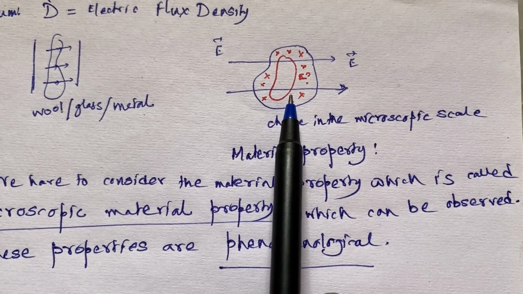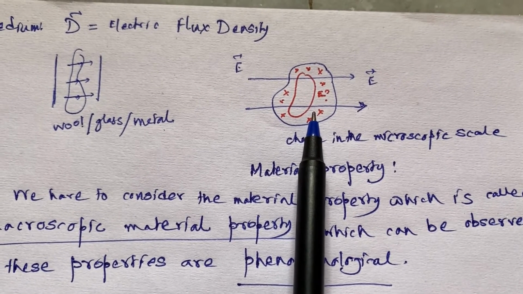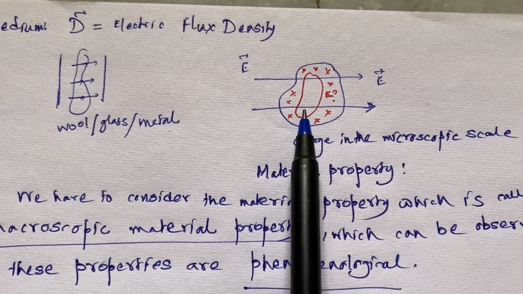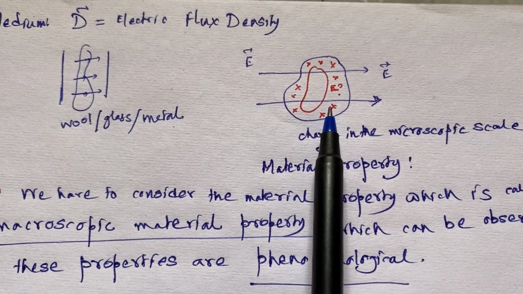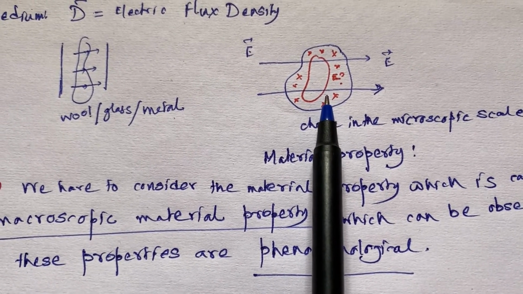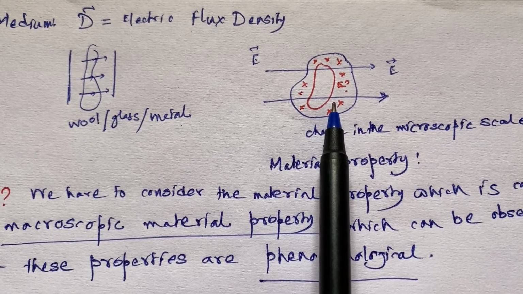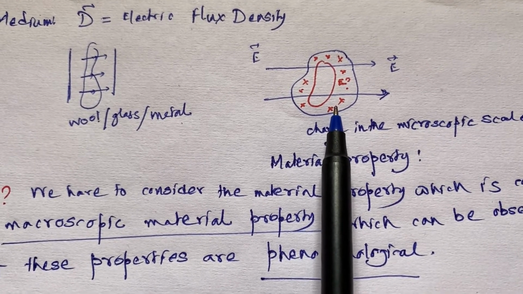We know that all kinds of substances contain atoms. Suppose it is a metal. It contains lots of free electrons. If it is glass, that is an insulator, it has electrons, but those electrons are bound to the nucleus. Those are not free to move.